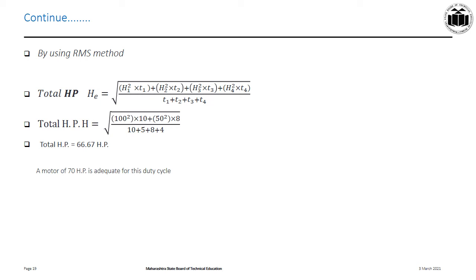The total period is distributed among 4 periods T1, T2, T3, T4. T2 and T4 are the no load periods. The calculation is done and the result is 66.67 HP. So it was subjected to 100 and 50 HP. The concluding result is that 70 HP is adequate for this kind of duty cycle.